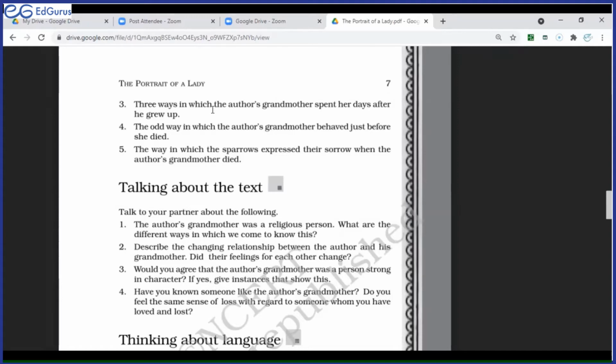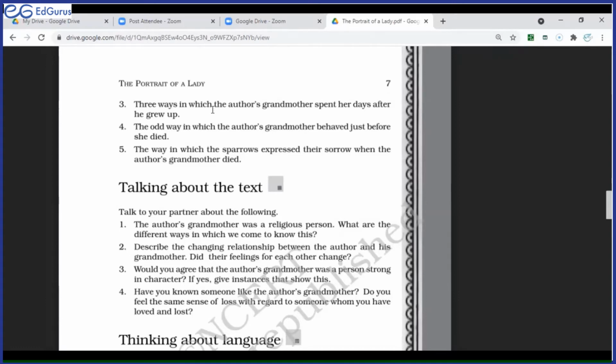But when she died, all these sparrows gathered there. Earlier, when they were coming in the afternoon, they had been making a lot of noise by their chirping. But that very day, they all gathered around the grandmother's dead body on the floor, but they did not chirp.